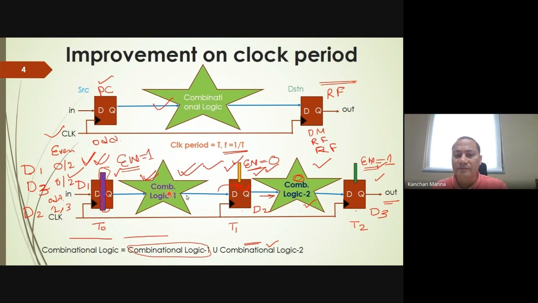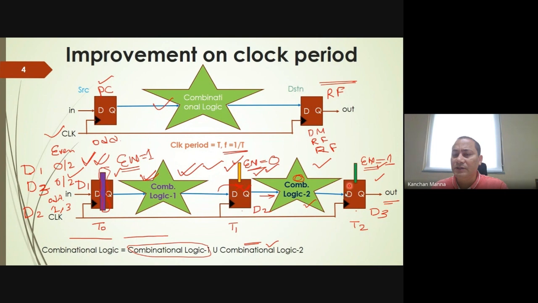In the next cycle, after processing that input, we send the output to this D flip-flop, so we enable it. After that we send this output into the next combinational logic, and after some time we store the output in this D flip-flop.